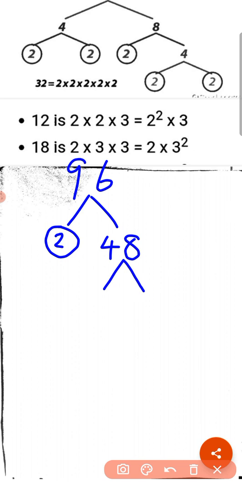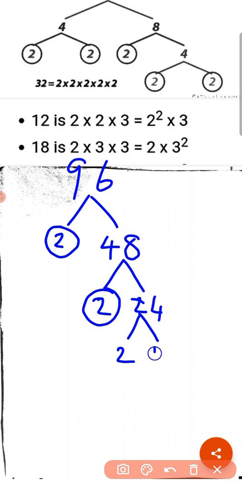Continue here, composite number, so 2 and 24. 2 into 24 is equal to 48. You can divide 48 by 2, then you will get 24 as quotient. Write our quotient here. 2 is a prime number. Continue, 2 and 12. 2 into 12, 24.